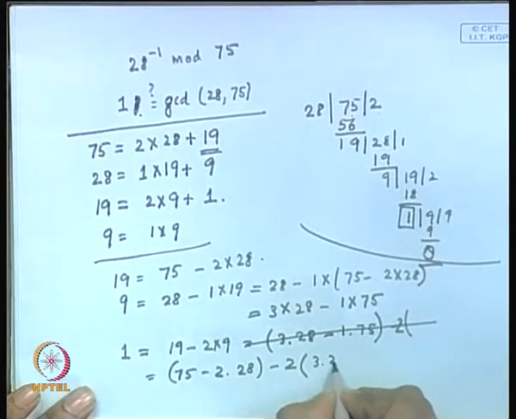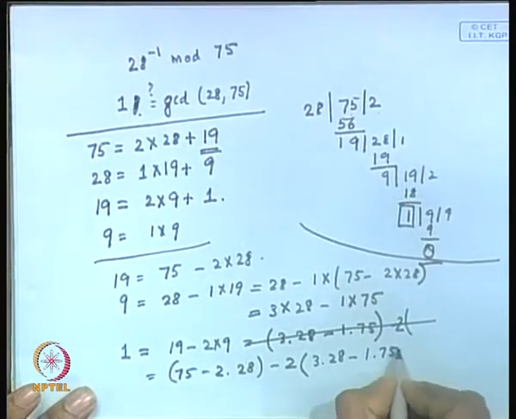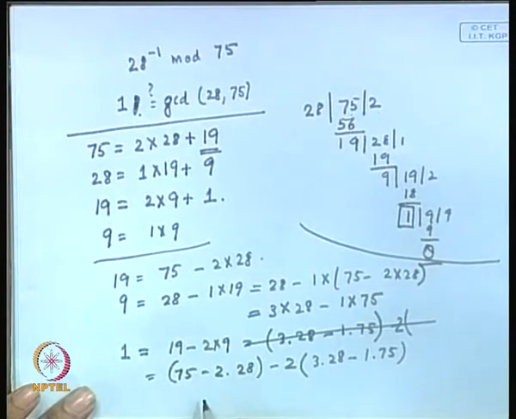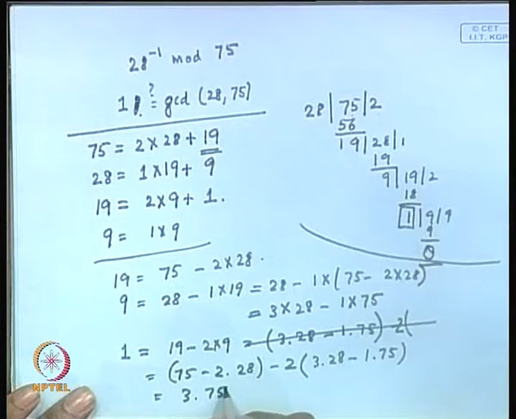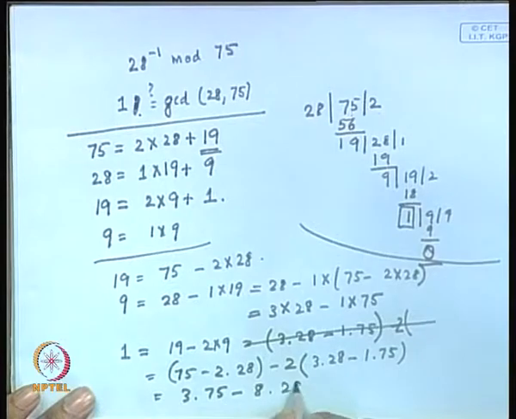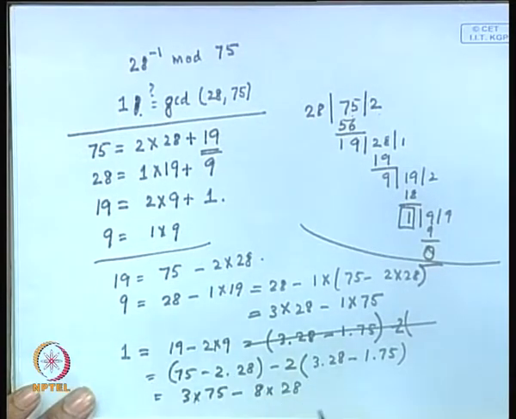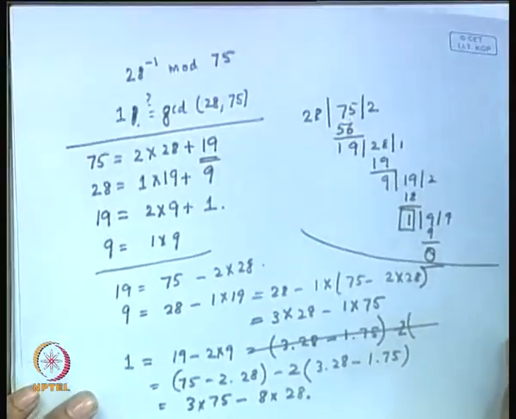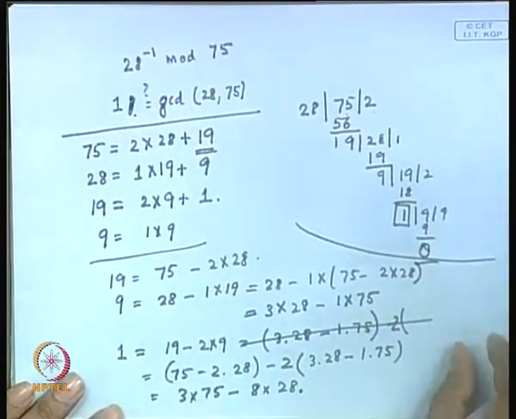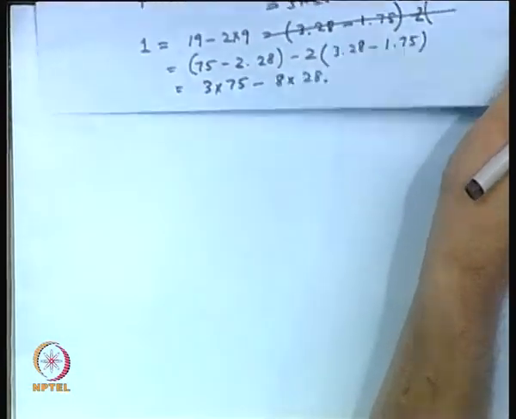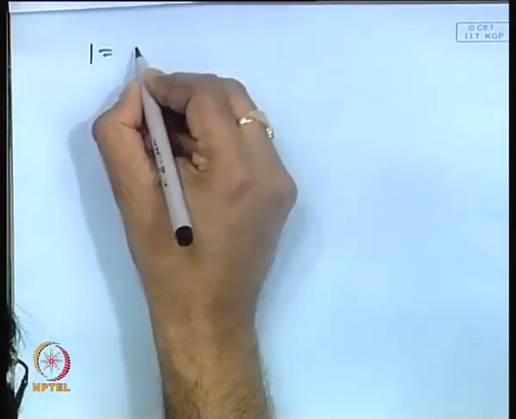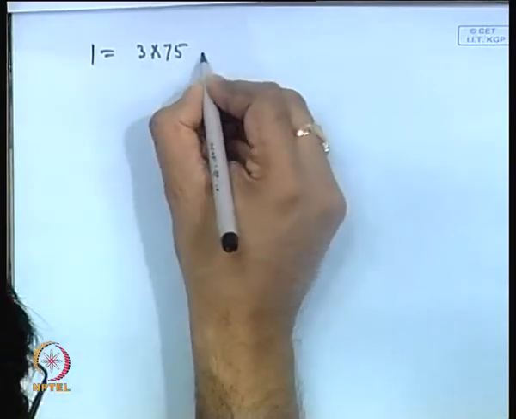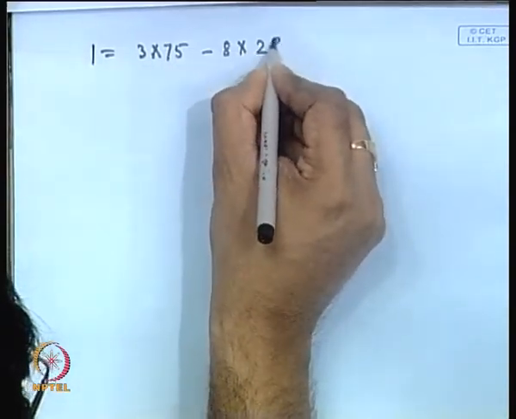So, 9 is 3 into 28 minus 1 into 75. So, therefore, this is actually 3 into 75 minus 3 is 6 minus 2, 8 into 28, right. So, now you see that if you take this final equation, I will write it properly. So, this is 1 equal to 3 into 75 minus 8 into 28, right.